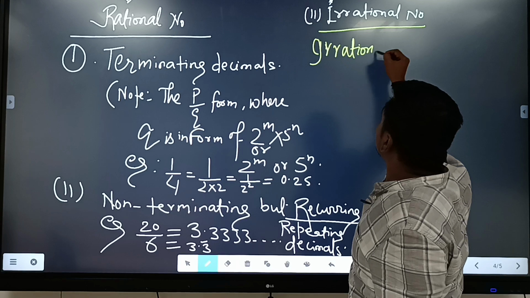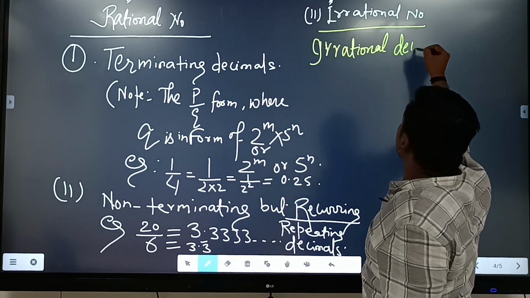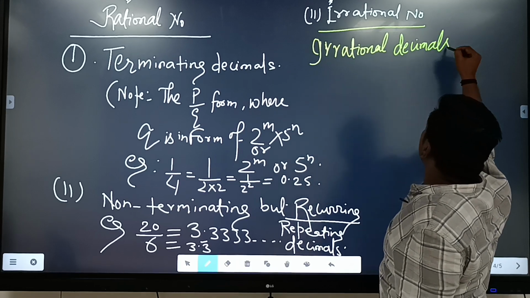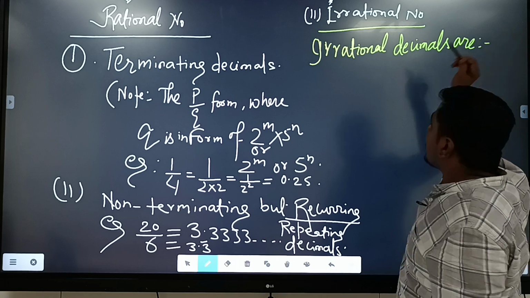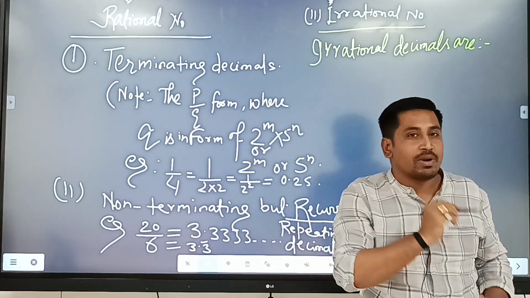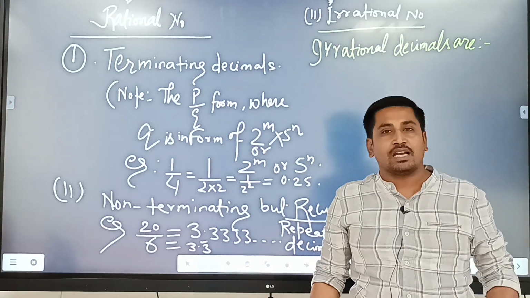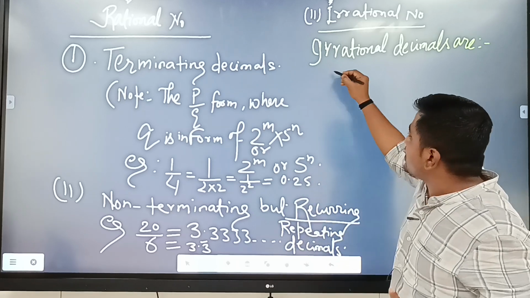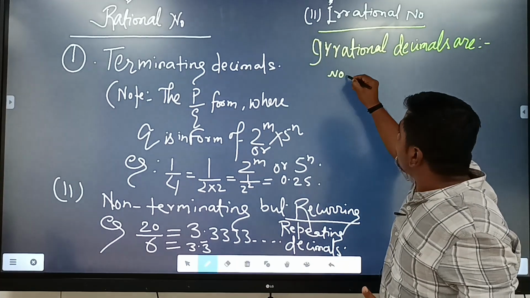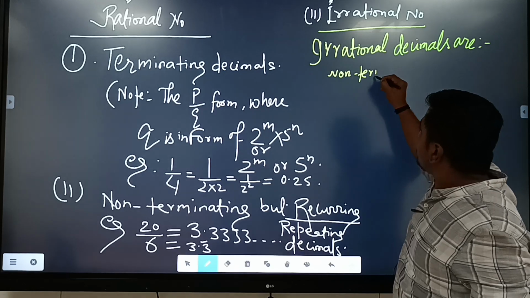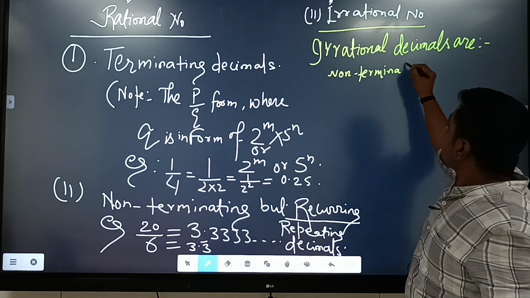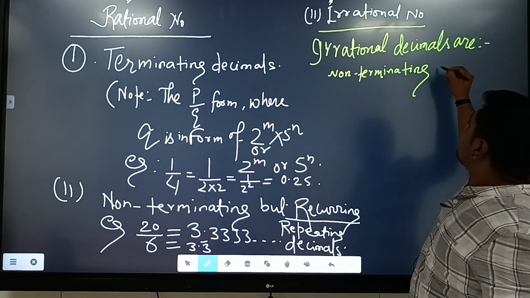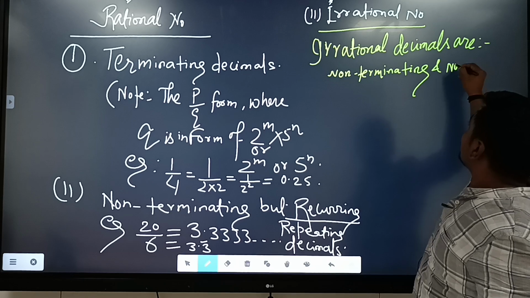Irrational decimals are, I give you one trick on this, how to remember which kind of decimal expansions are irrational. Where you find two non, one is non-terminating and non-recurring.